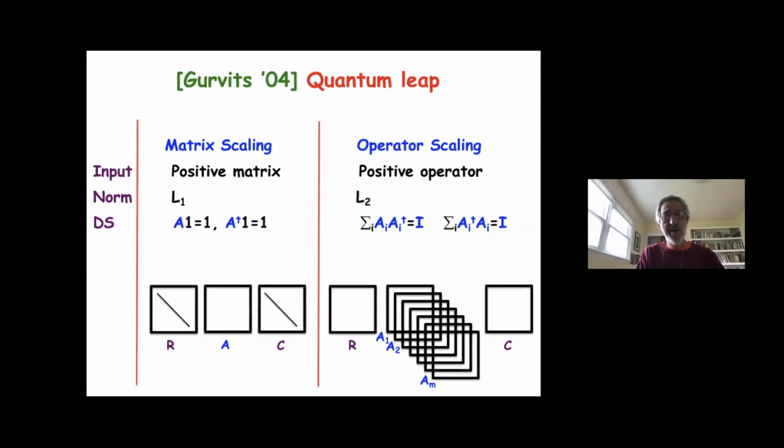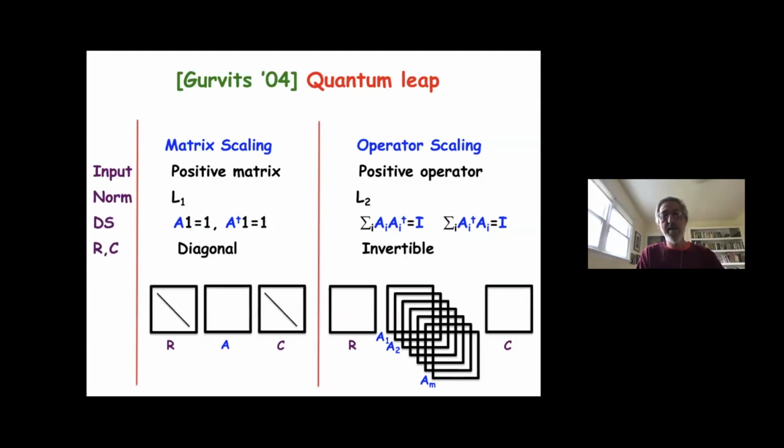So row sums and column sums equal 1 in the three-dimensional world, or when you have a set of matrices given, is that sum of AI times AI transpose is the identity, this sort of scaling the rows, and sum of AI transpose AI is the identity, sort of scaling the columns, it's the analog.